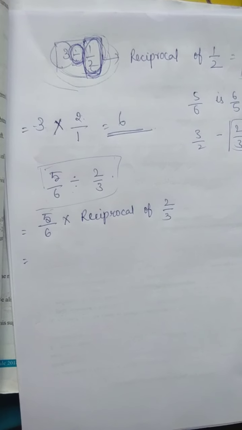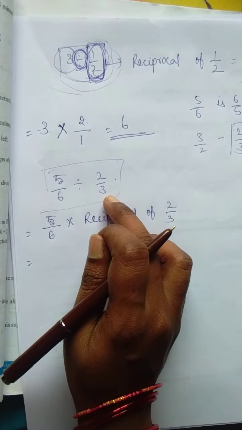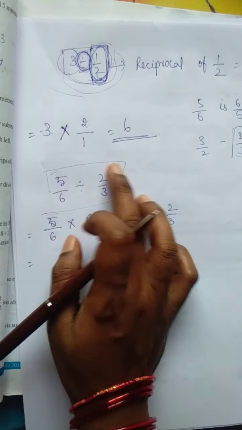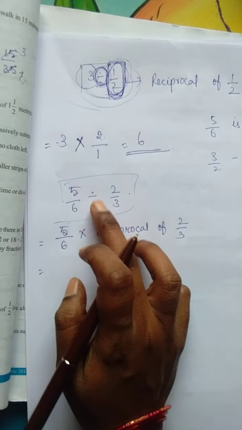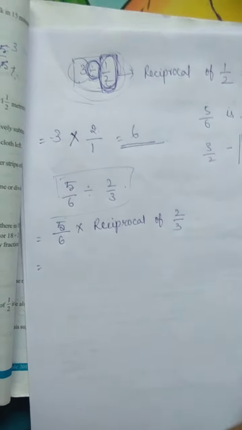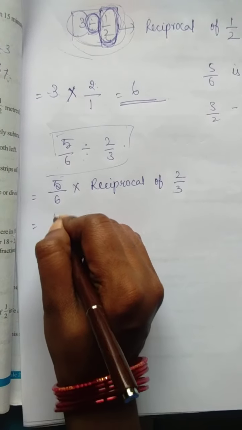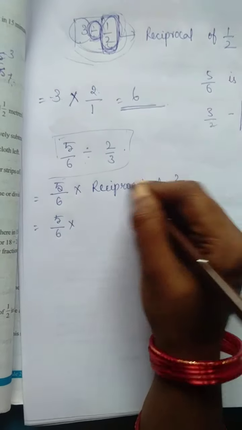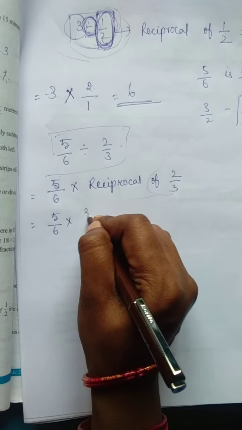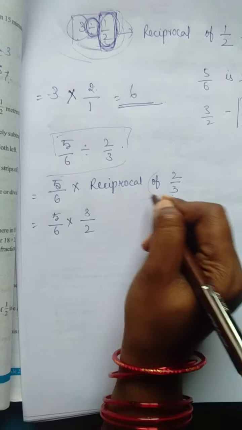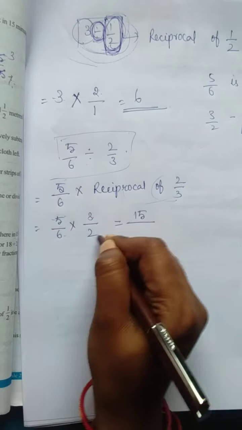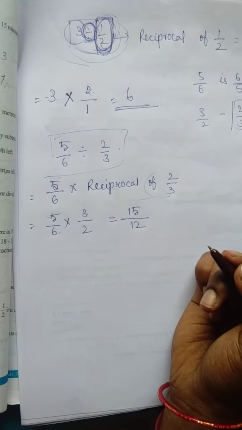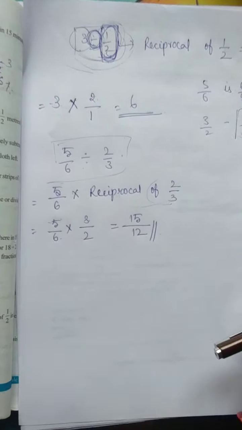Instead of this division, multiplication comes. Now, 5 by 6 into what is the reciprocal of 2 by 3? 3 by 2. Just reverse. Reciprocal is nothing but reverse. Now multiplication: 5 3s are 15, 6 2s are 12 is your answer. Like this you have to do the division of fractions, and this is about the reciprocal of a fraction.